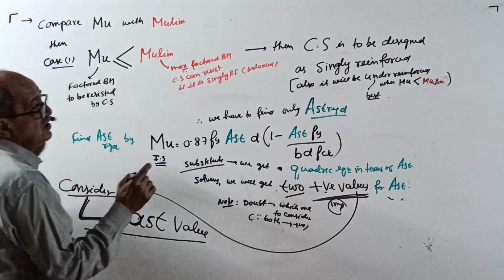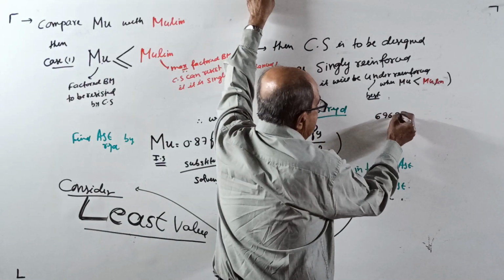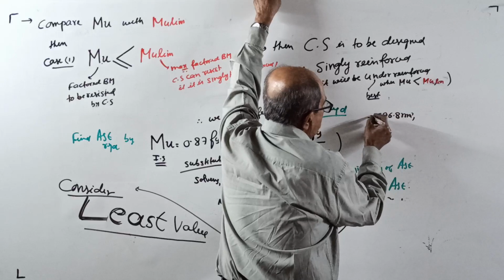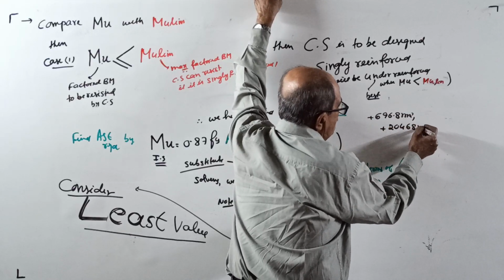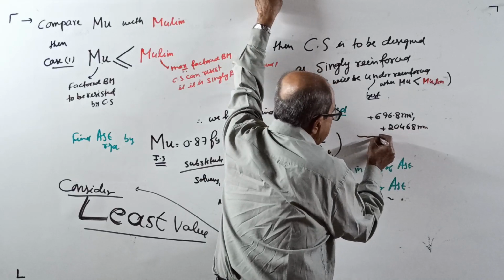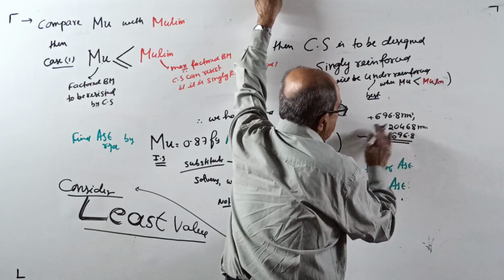Suppose when you solve, you get AST equal to one value 696.8 mm square, positive. The other one is also positive, 20,468 mm square, right? Taking the least value, AST is 696.8 mm square.